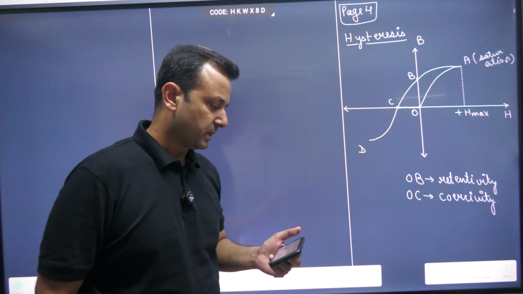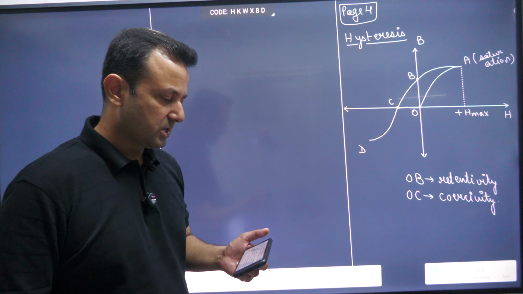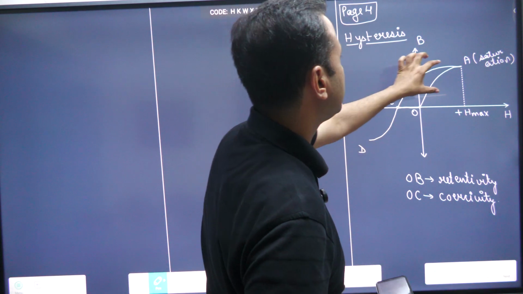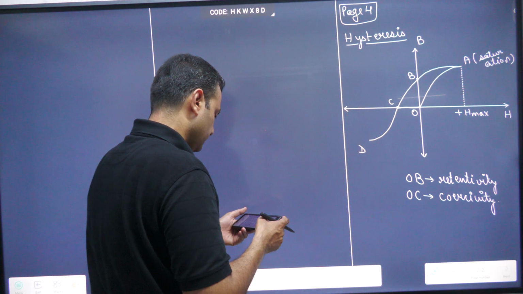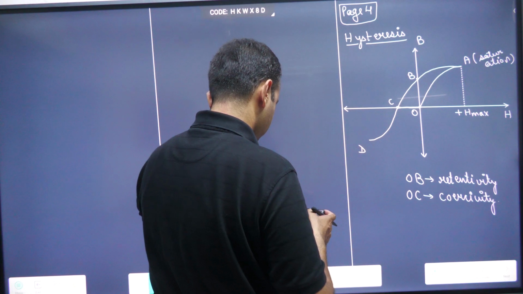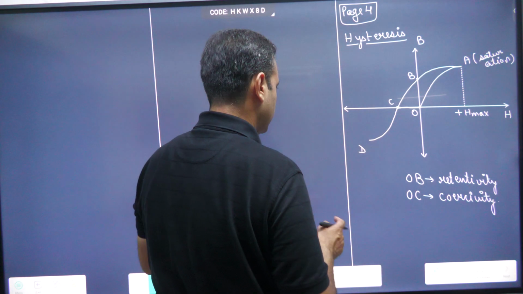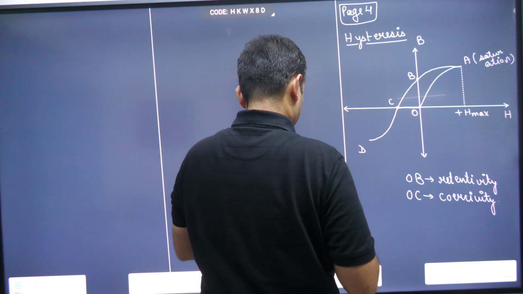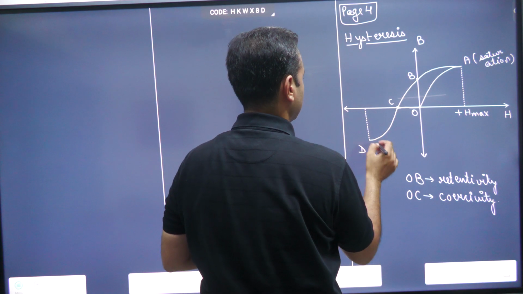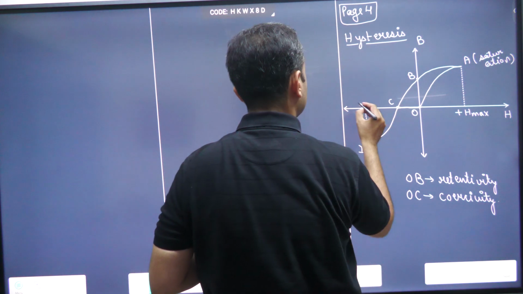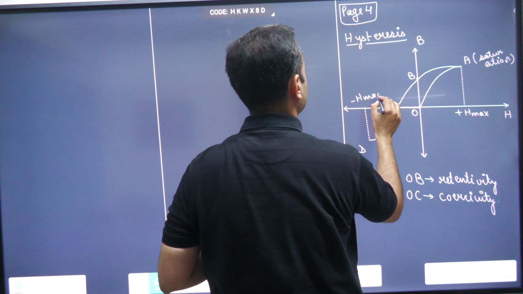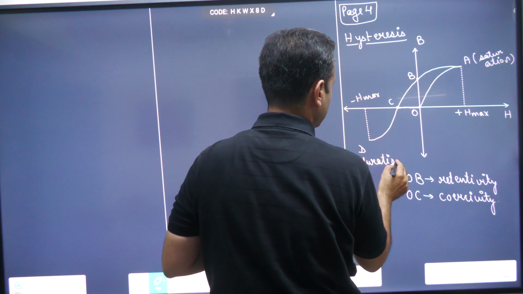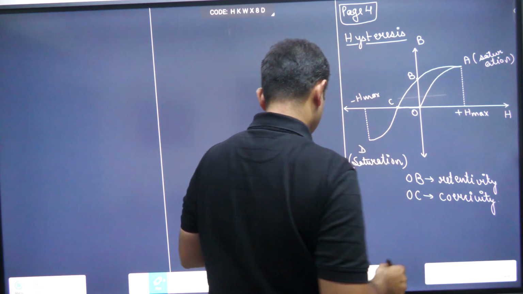On further increasing H in the reverse direction to a value of minus H max, we reach the saturation point D, located symmetrically to point A. This is minus H max, and it is called negative saturation.